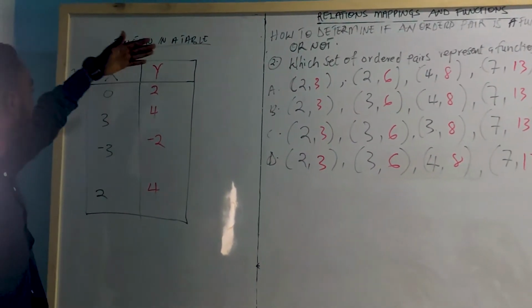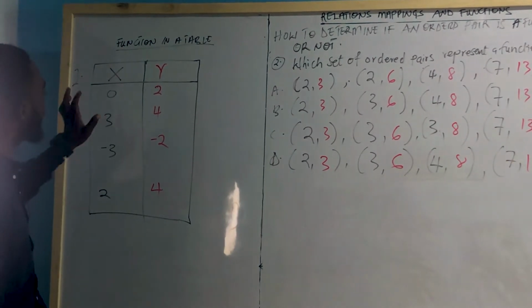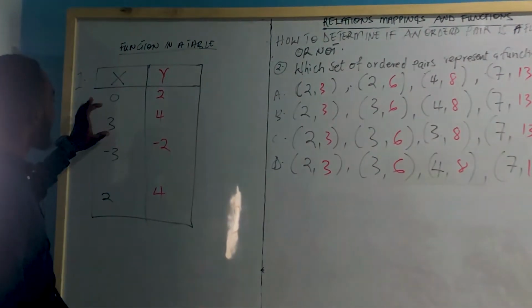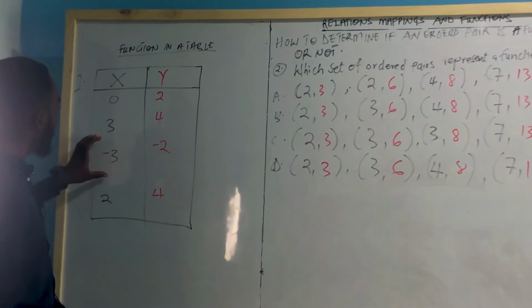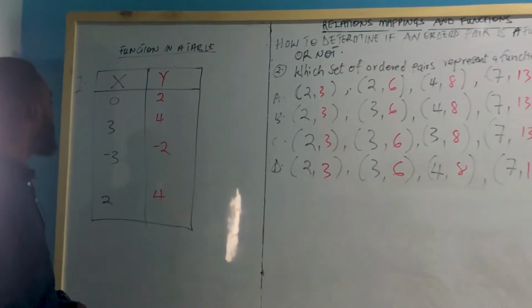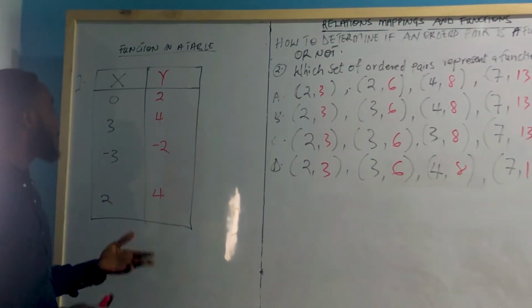First of all, let's see the function in the table. We have 0 mapping to 2, 3 mapping to 4, -3 mapping to -2, and 2 mapping to 4.